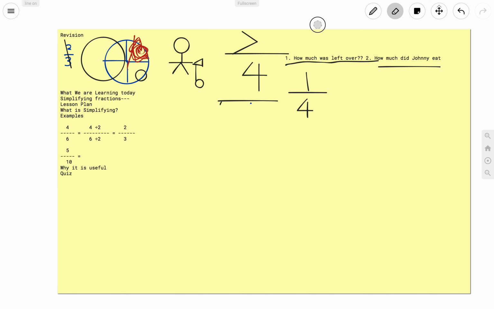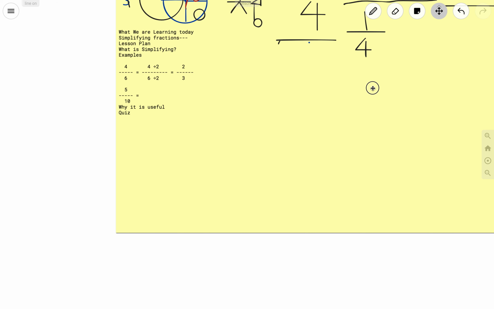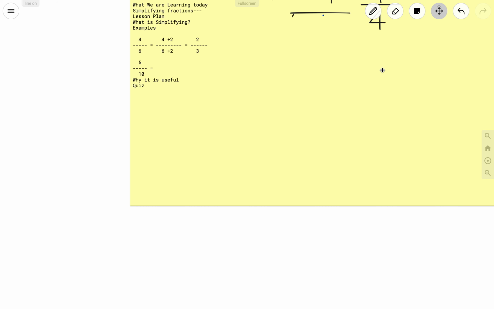Okay, now that we got that out of the way, now onto today's part. What we are learning today is basically simplifying fractions.